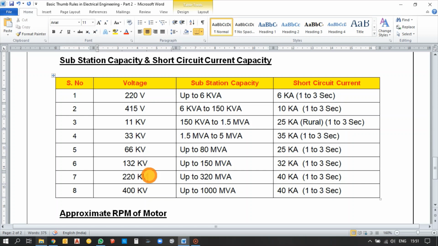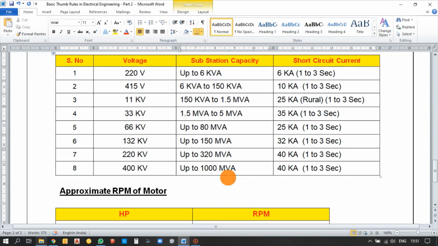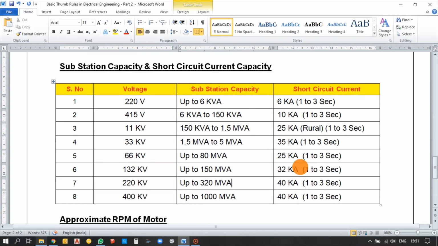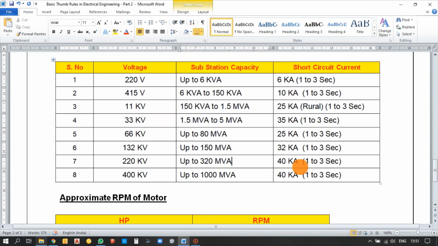And going for the 220 kV system, it is up to 320 MVA, and 40 kiloamps is the maximum short circuit current, and for the 400 kV system up to 1000 MVA, and short circuit is 40 kiloamps for 1 to 3 seconds. So this is the voltage level and the maximum short circuit current capacity of each voltage level.